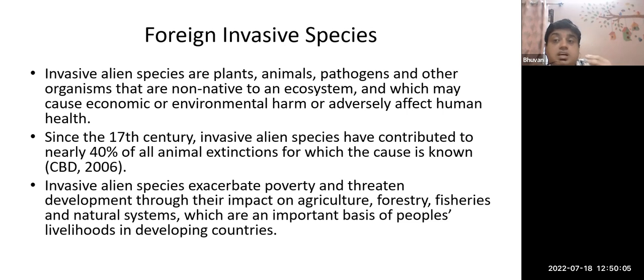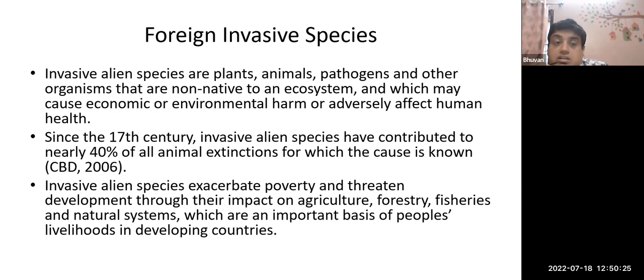These organisms are flourishing in those non-native environments, and they are threatening the native species which are present there, along with human well-being. So human well-being is also threatened, economic harm is also there, and environmental harm is also there.